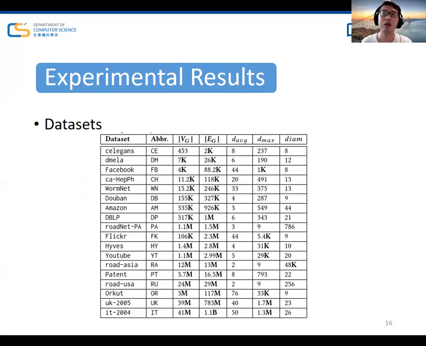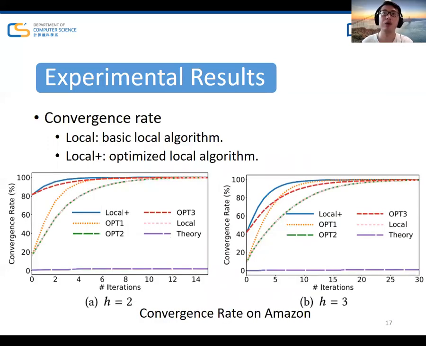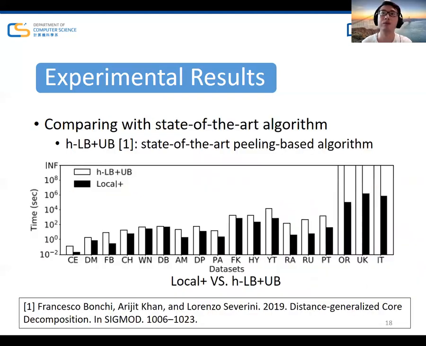We use 18 different types of real-world data sets in our experiments. We first evaluated the convergence rate of all algorithms to see how fast each algorithm converges. We can observe that our algorithms converge very fast. For example, when h equals 2, at the 10th iteration, almost 97% of the vertices have converged for the local algorithm.